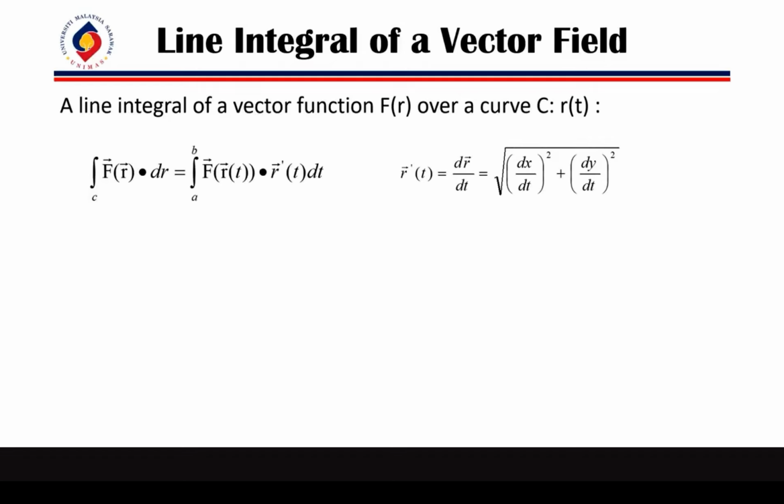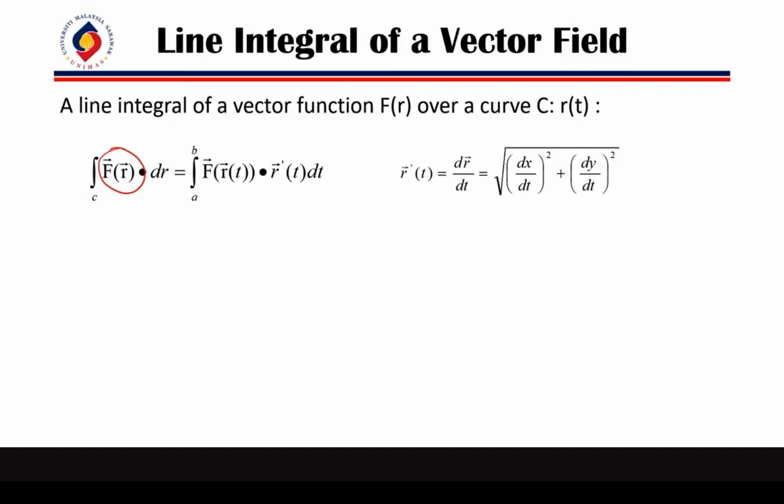It's almost similar to the previous one, but the notation is a bit different. As you can see here, we are focusing on the difference between the line integral over a scalar field and a vector field, which is the function.